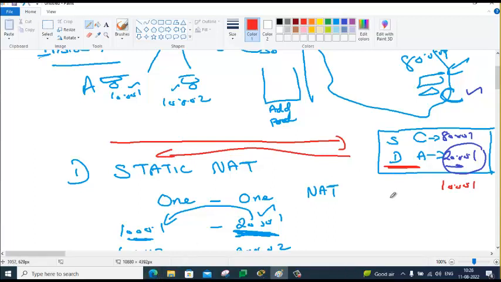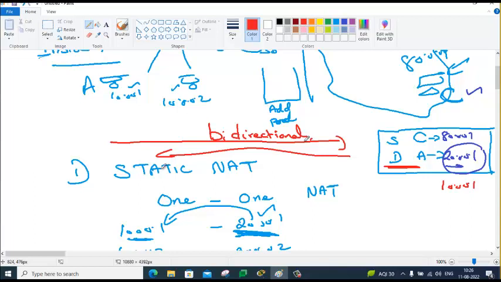So, static NAT is bidirectional. If someone wants to talk from outside to A, they can talk. If someone wants to talk from inside to C, they can talk.